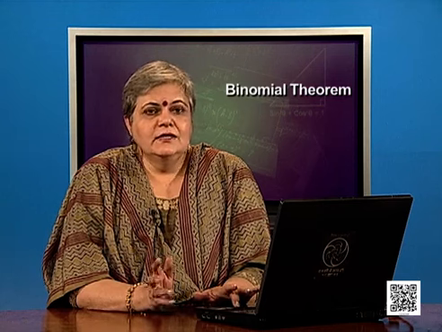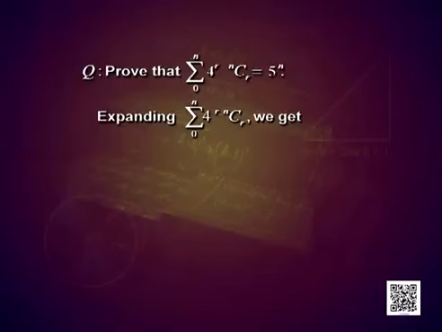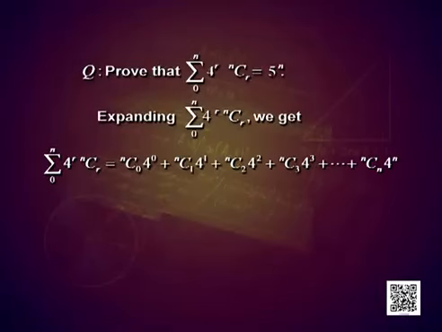So, if I write this summation symbol in expanded form, it looks like nC0 4 to the power 0 plus nC1 4 to the power 1, nC2 4 to the power 2 right up to nCn 4 to the power n. So, isn't that the same as what we have seen earlier when in place of a you have a 1, in place of b you have a 4.